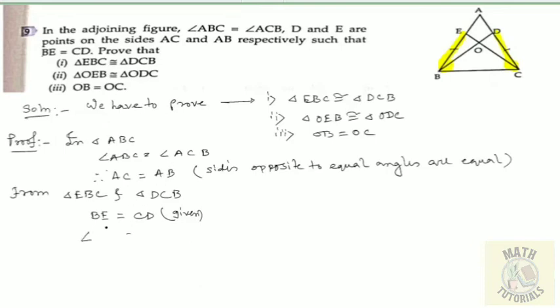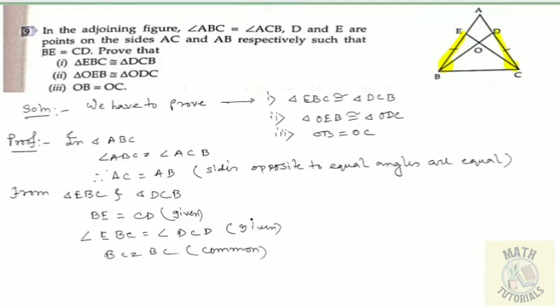Given angle ABC is equal to angle ACB, so we write here angle EBC is equal to angle DCB, because ABC and EBC are the same angle, and DCB is the same as ACB. And the last one, BC is equal to BC. This is common, and this is also given.